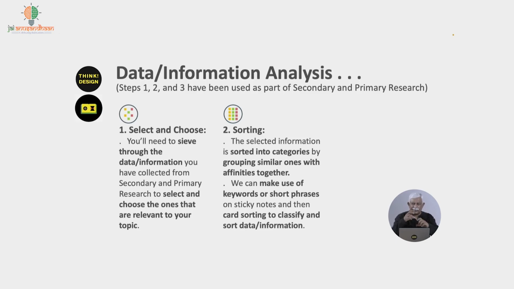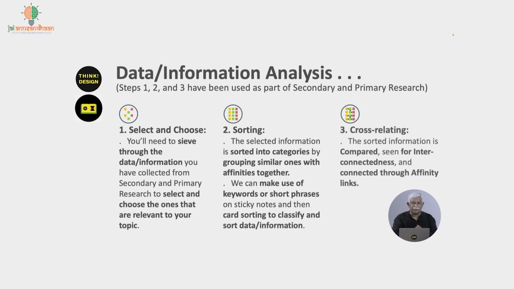Then we actually looked at keywords or short phrases and put it on sticky notes so it becomes easy to sort and classify this information. Even the third part, cross relating, that means that if you find some interconnectedness or affinities, you called it affinity links, you linked it together. So steps 1, 2 and 3, we've kind of done it in primary and secondary research, but we'll also look at it because it's part of the analysis.